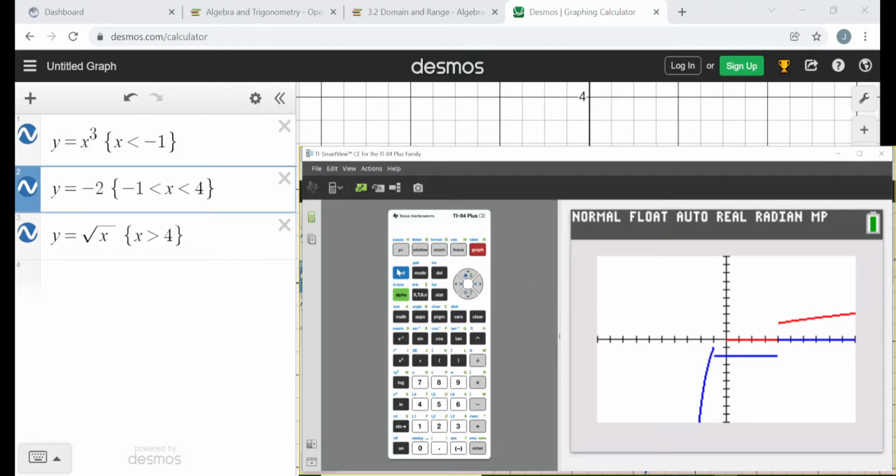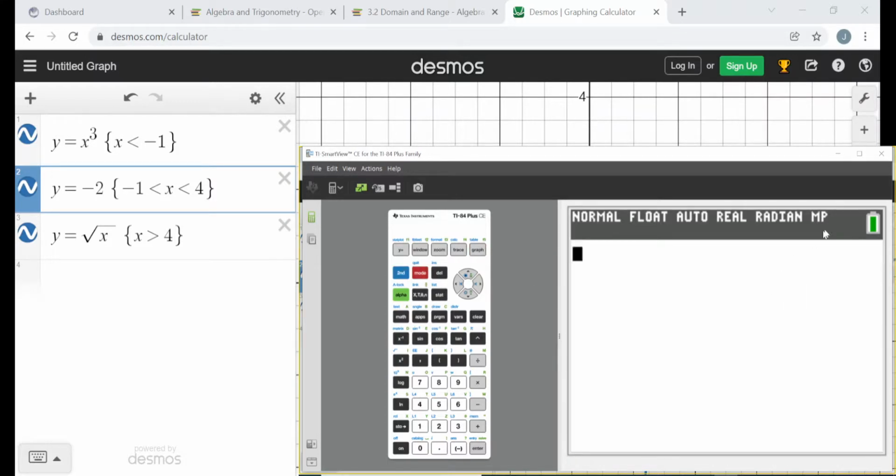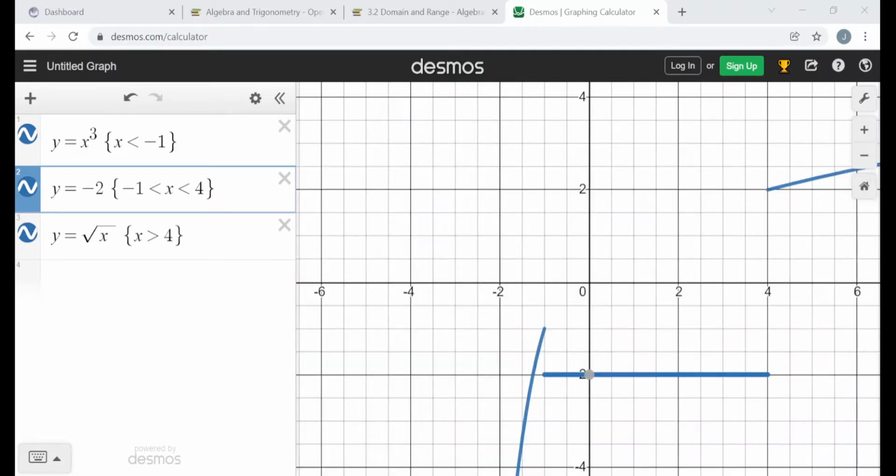So I would actually just say, forget all that. What a waste of time. I apologize. Stick to Desmos. A lot easier. Just graphing one piece at a time with these braces, and you can see very nicely the piecewise-defined function.